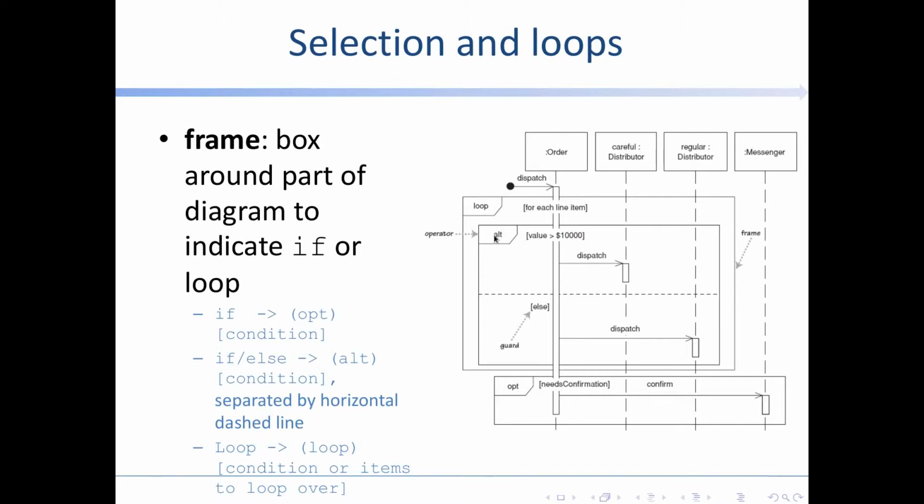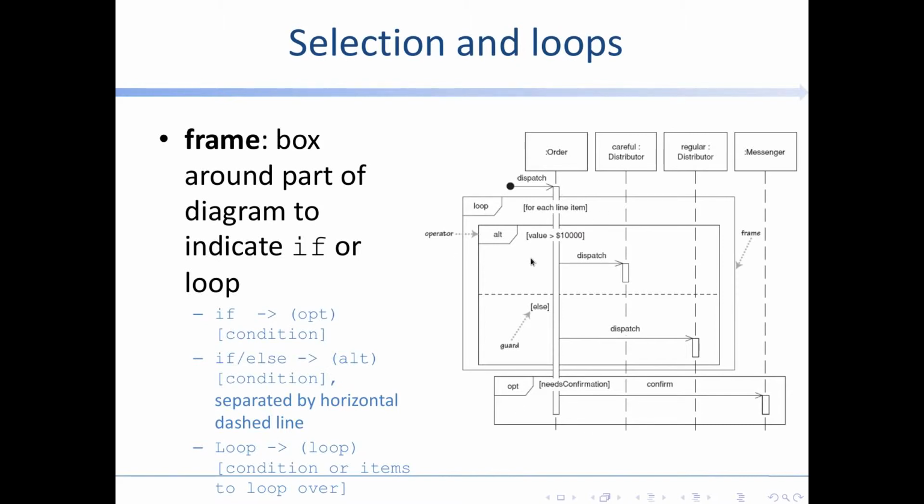So it says if the value is more than 10,000, then do this part. I guess the dashed line is showing that part, and this is the else part. And otherwise, you do this part. So if it's more than 10,000, you do a careful distributor, or otherwise you do the regular distributor, and you do it in the loop for each item.